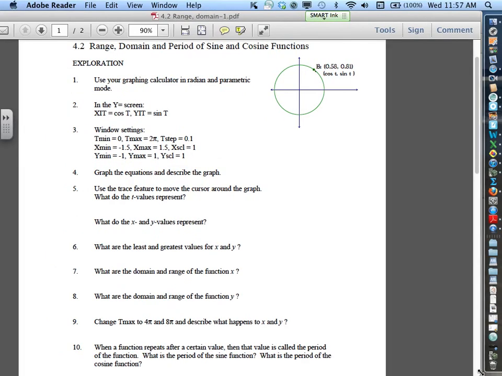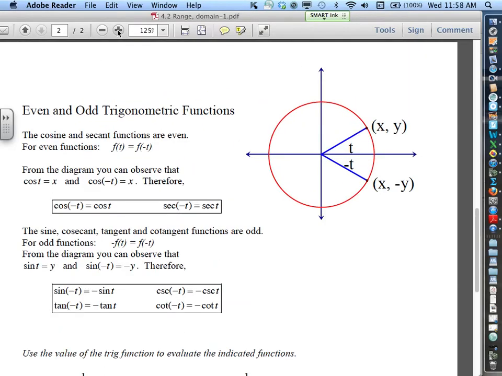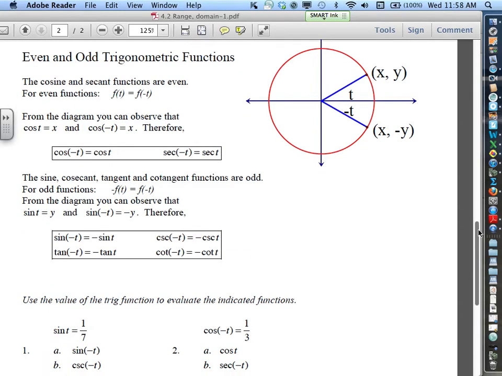The next page of the notes deals with some identities. The identities are for odd and even functions, so your trig functions have properties for odd and even values as well. If my angle, which is my t, is positive from here to here, it is angle t.